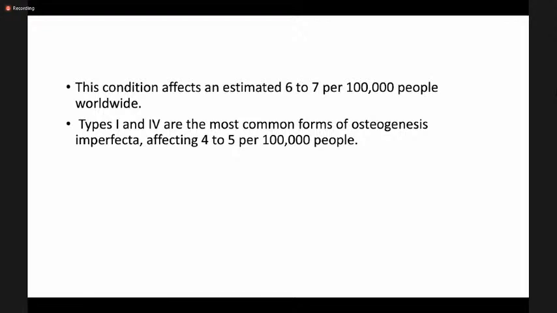It affects an estimated 6 to 7 per 100,000 people worldwide. Type 1 and type 4 are the more common ones, and they affect 4 to 5 per 100,000 people in the world.